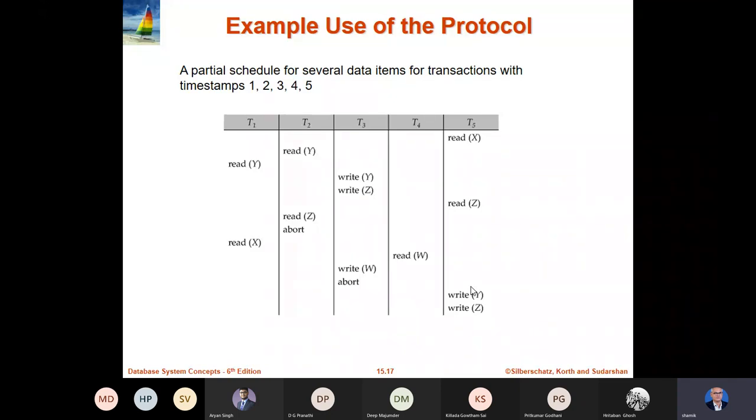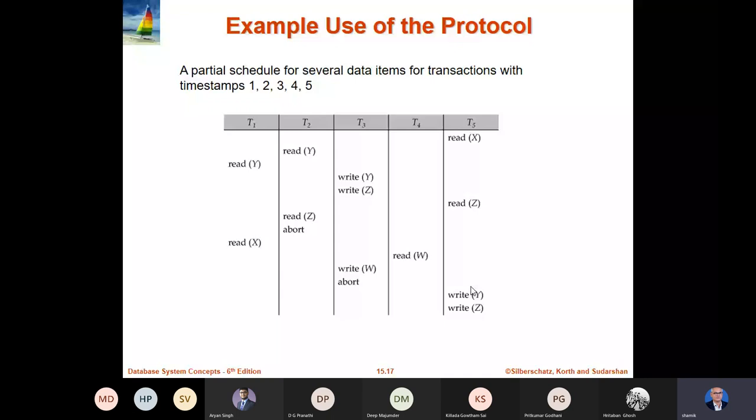Now you see that T5 is reading Z and that was produced by T3, so it is allowed to read that value of Z. And now the problem is that when T2 is trying to read Z, it was supposed to read the value of Z that was there before T3 did the write. So hence it is aborted. And likewise, the write W of T3 also will be aborted, and so on.